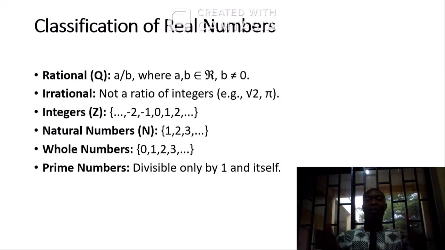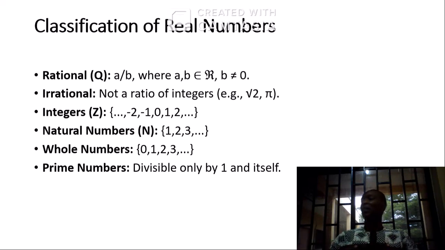An irrational number is not a ratio of integers, and its decimal is non-terminating and non-repeating. Examples are root 2 and pi. You cannot express them as a ratio, and in decimal form they are non-terminating, non-recurring decimals.